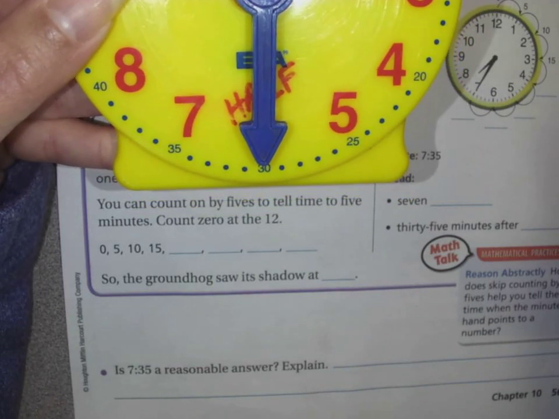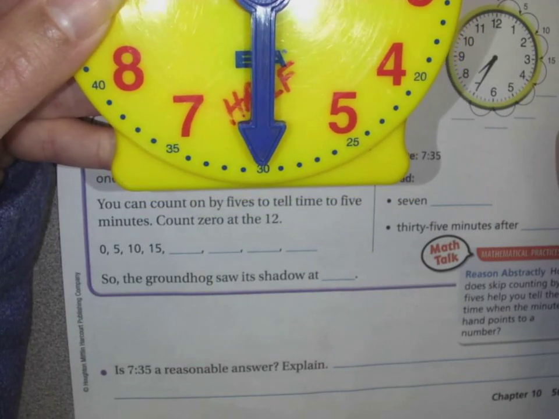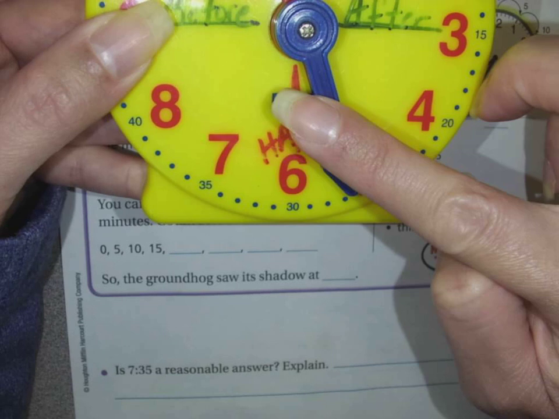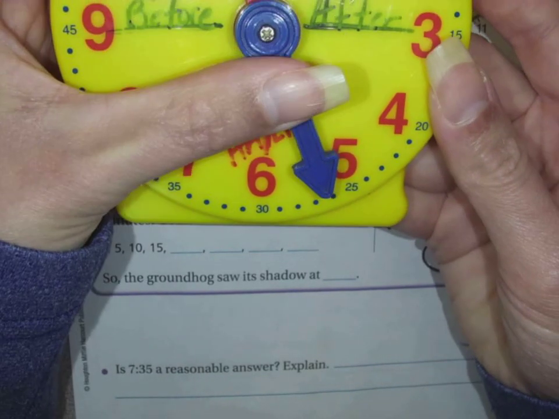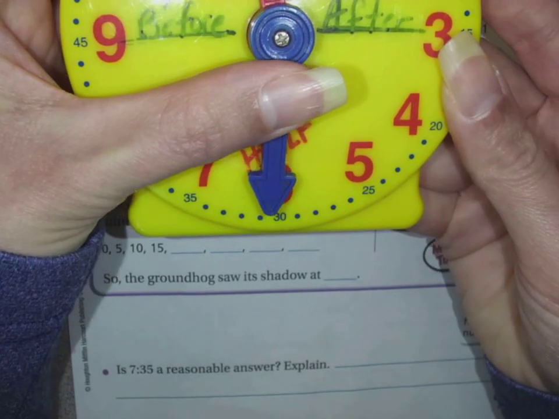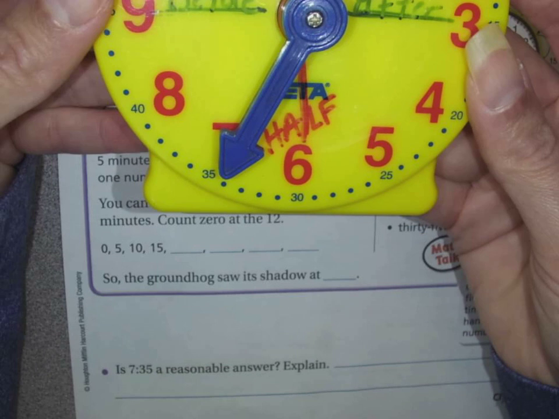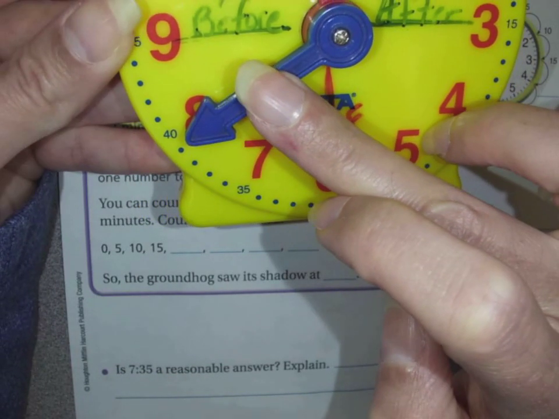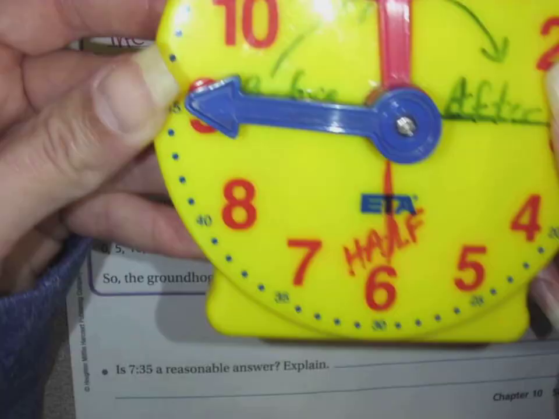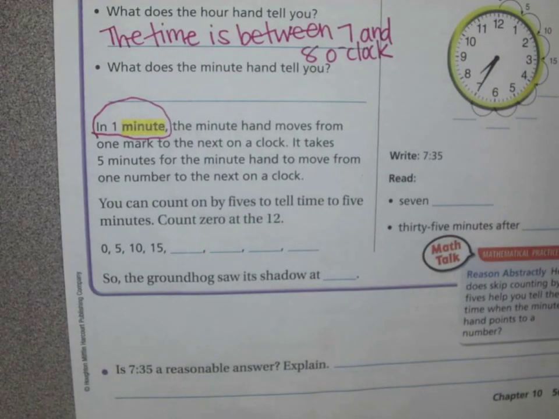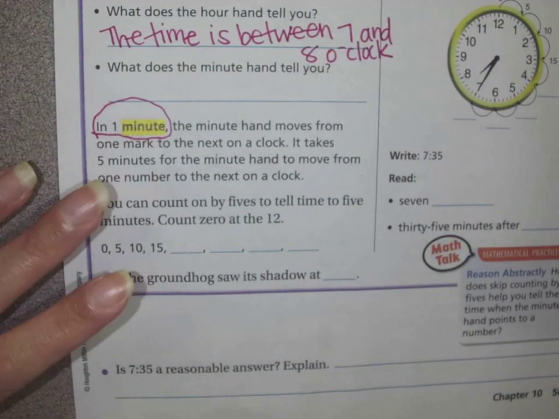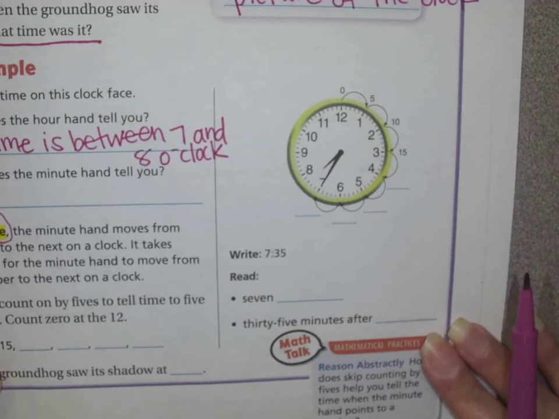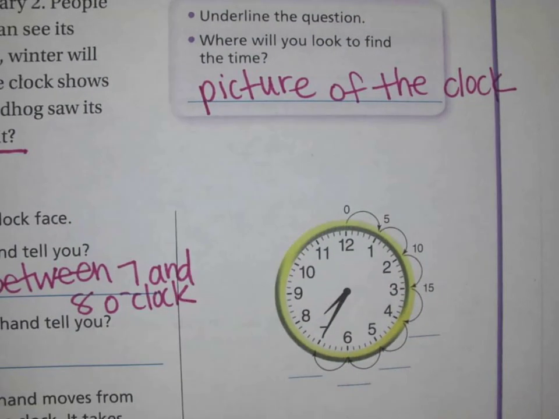So of course it takes 1 minute for the minute hand to move from these little marks in between the numbers, and it takes 5 full minutes for the minute hand to move from each number to the next. All right, now to count the minutes, we would start at 12.